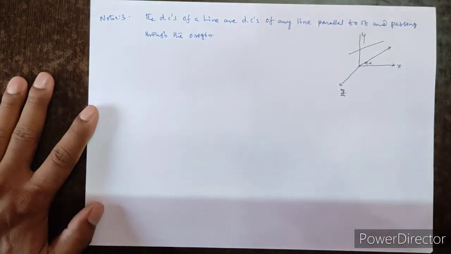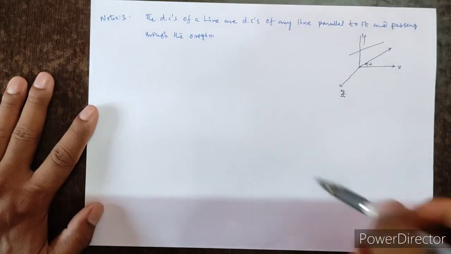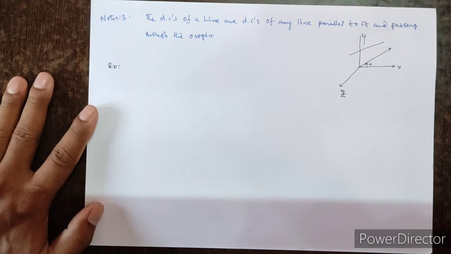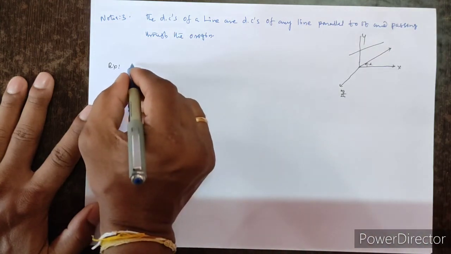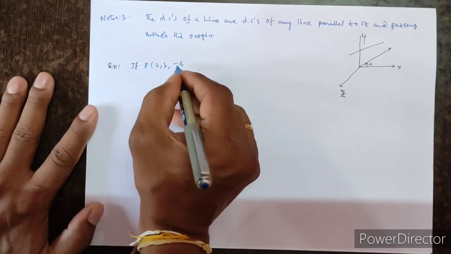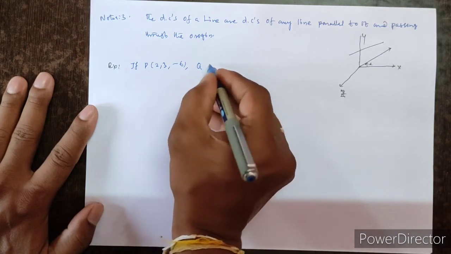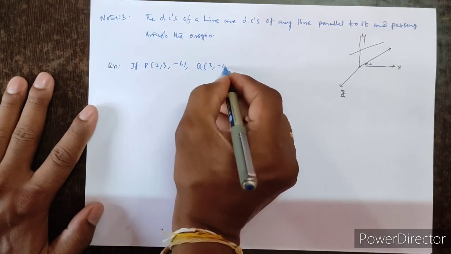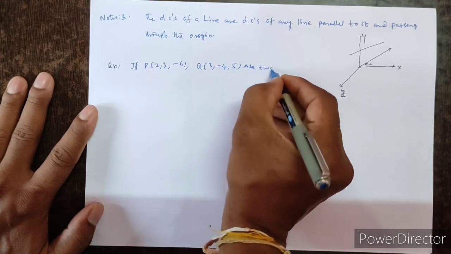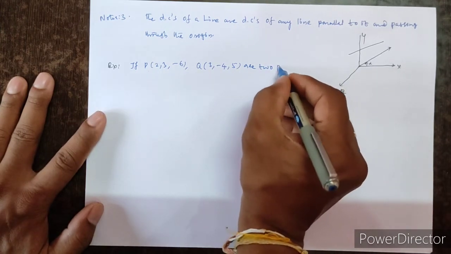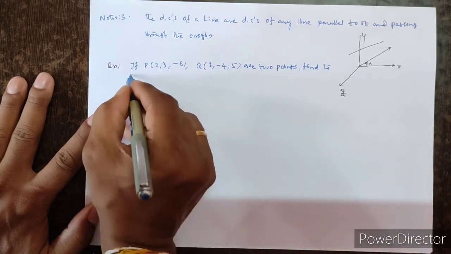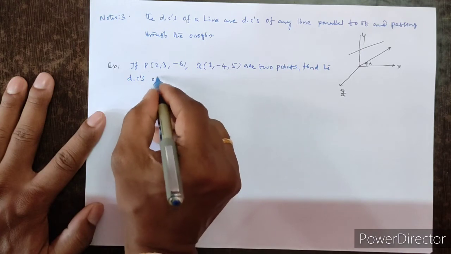Next, for example, how we can find the direction cosines of the line joining two points P and Q. If P equal to (2, 3, minus 6) and Q equal to (3, minus 4, 5) are two points, find the direction cosines of PQ.